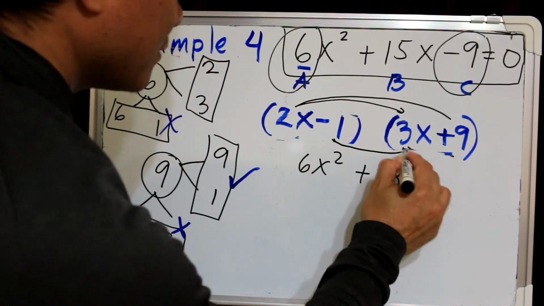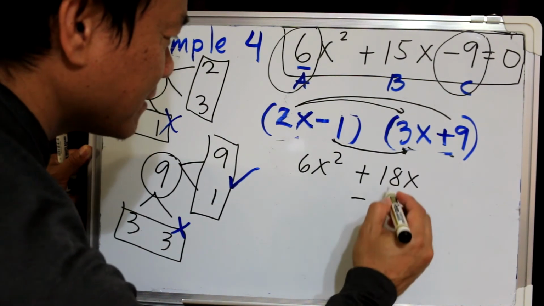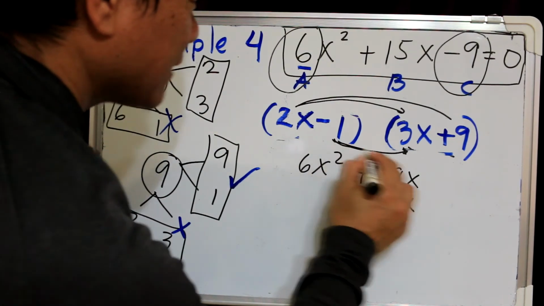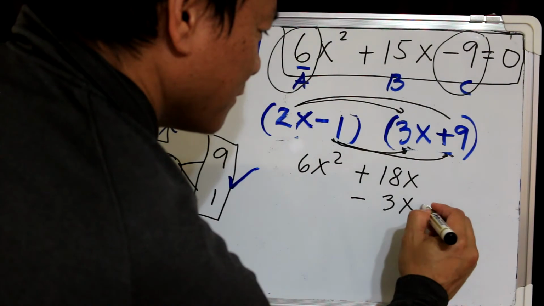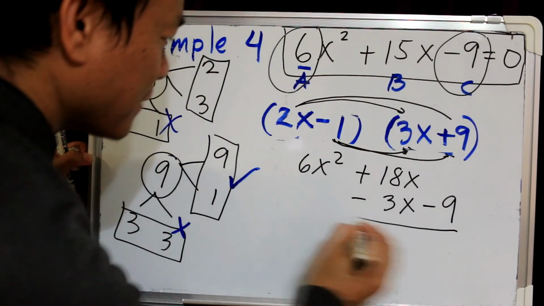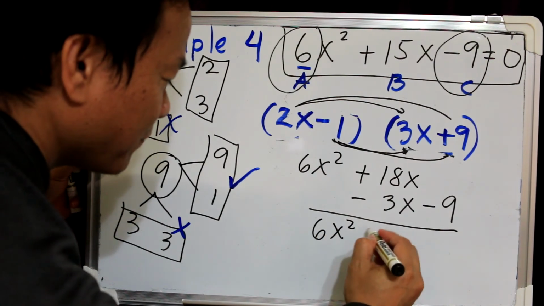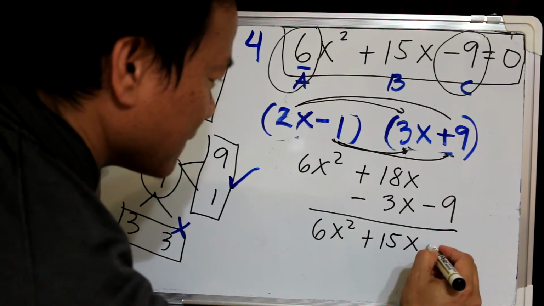Then negative 1 and 3x there, that would be minus 3x. Okay, and negative 1 times positive 9, that would be minus 9. So we are going to get 6x squared plus 15x minus 9.